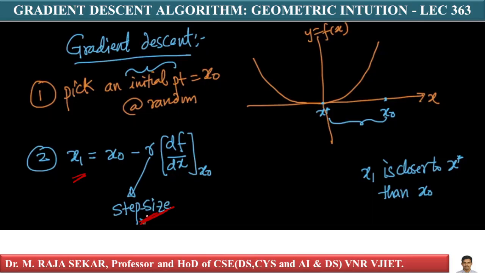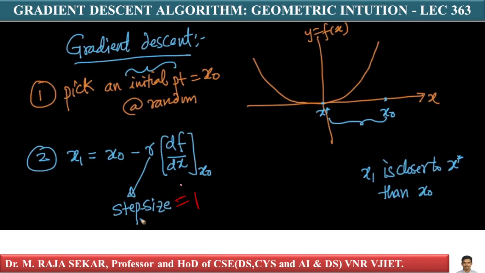R is often called the step size. This is a constant that you will fix. We will see what happens as step size changes. For right now, for simplicity, let's say the step size is constant. Let's take my step size as 1.